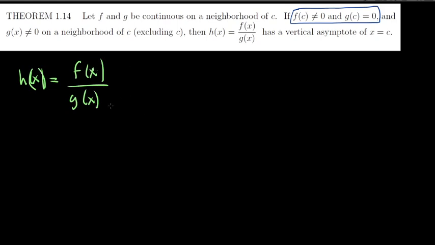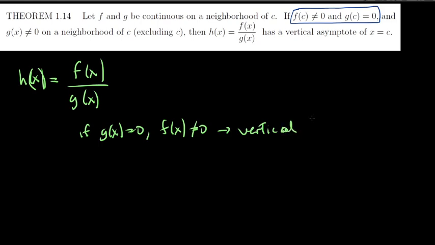So what we're saying is, if g of x equals 0 but f of x is not equal to 0, then you have a vertical asymptote at c. Sorry, there should be a c. So if g of c equals 0 and f of c is not 0, then you have a vertical asymptote at x equals c.